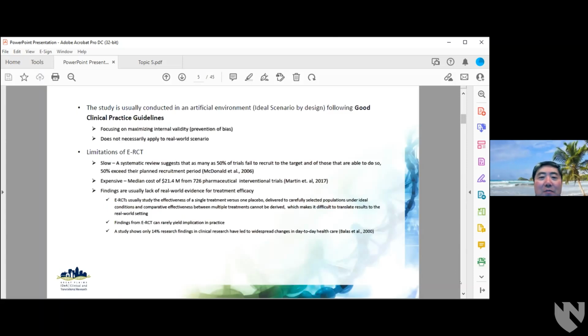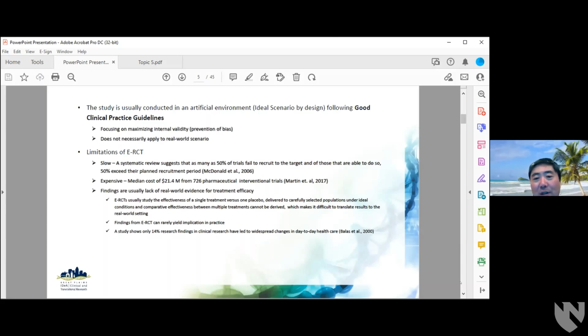All right. So clearly, the FDA and also NIH developed the good clinical practice guideline to conduct clinical trials. Generally speaking, for the eRCT, normally this RCT is conducted in an artificial environment, which means it deals with the ideal scenario. To give a simple example, a homogeneous sample, a homogeneous population, that's really the ideal scenario, right?